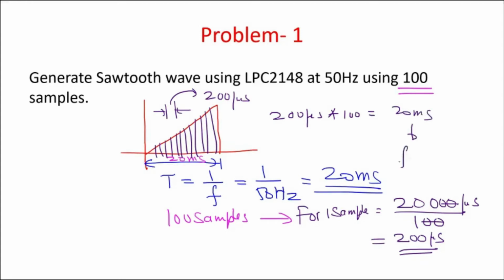That will satisfy the frequency of 50 hertz. So what is my logic? I have to generate 100 samples of data and deliver the data to the DAC with a time delay of 200 microseconds. As simple as that. All of you are with me so far?